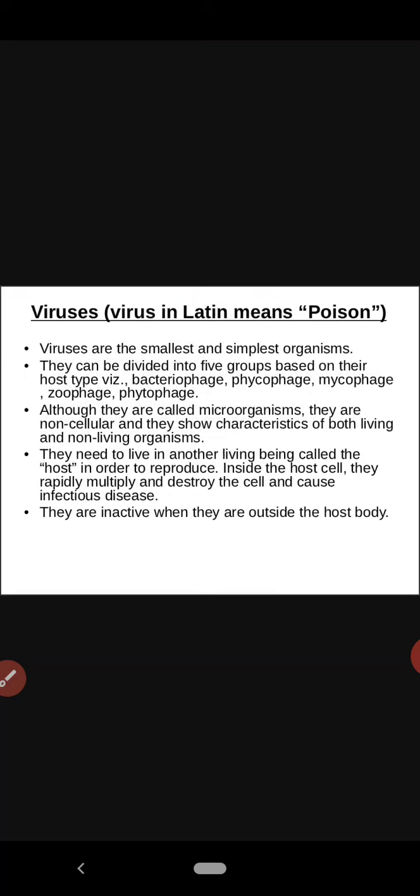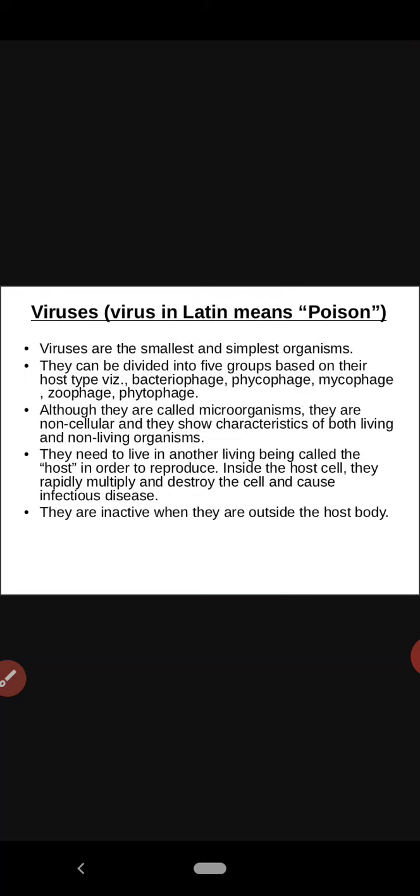unlike other microorganisms like fungi, protozoa, etc. This is non-cellular, and it also shows the characteristics of both living and non-living organisms.